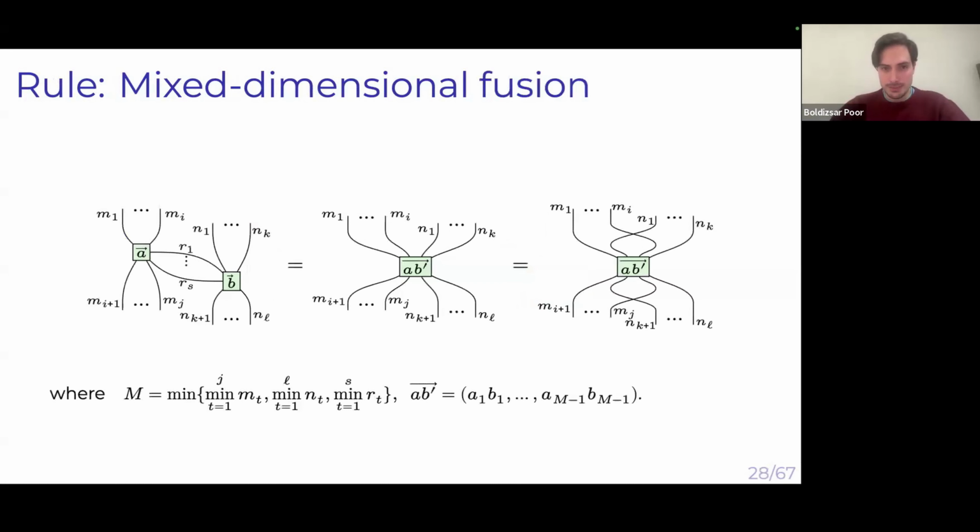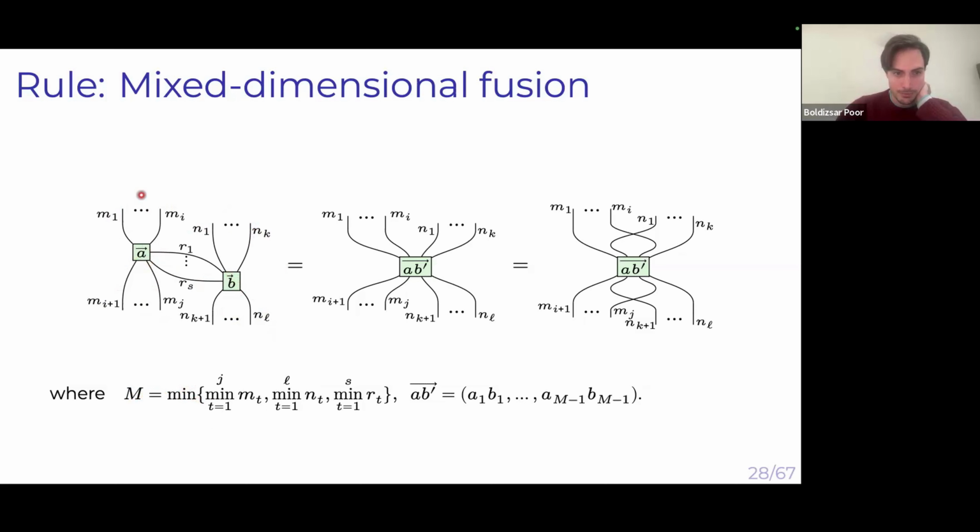Another thing we can do with these mixed dimensional spiders is fuse them, which is something we do want to do, but it's going to be a tiny bit different from the usual qudit fusion. So here we have two Z spiders, labeled with A and B, and then this capital M will be the minimum of all the wires you see on this diagram.